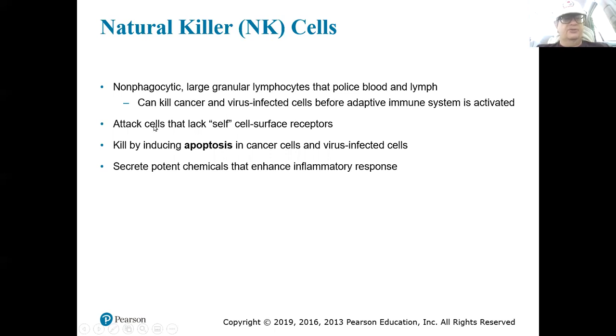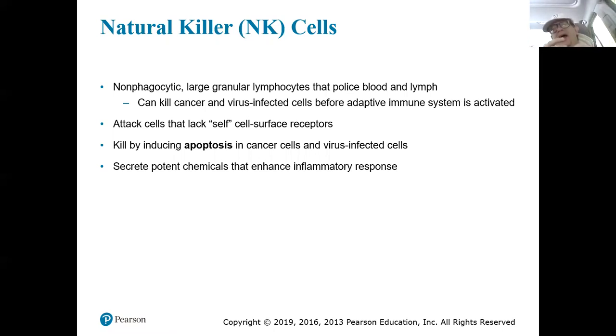And what they're doing is they're still looking for self-recognition. What a natural killer cell does is, well, I don't see something that says it's foreign, but I don't see the things that say this cell belongs to us. It's one of us.